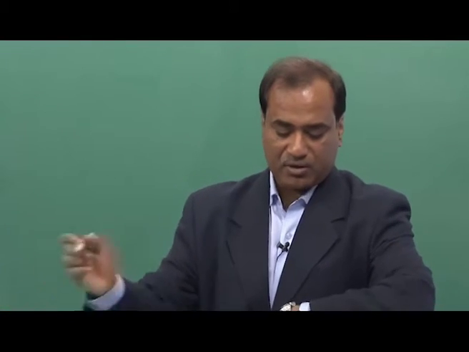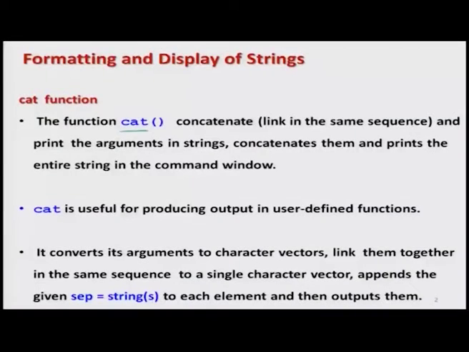So, we have a function which we call the cat function, cat, and this function concatenates, that is, it links the outcome in the same sequence in which we are trying to give it, and prints the arguments, the strings, in the command window.